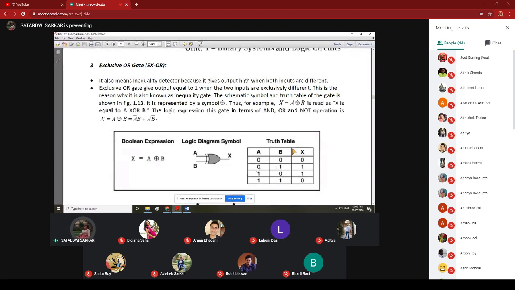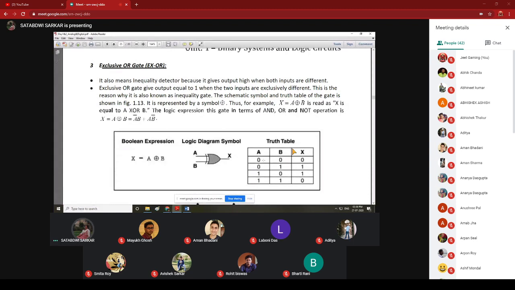Here you can see in this truth table that when A and B, both the inputs are different, that is, the value of A is 0 and the value of B is 1, and the value of A is 1 and the value of B is 0. So these are the different input combinations. For these exclusively different input combinations, we are getting the output as 1.